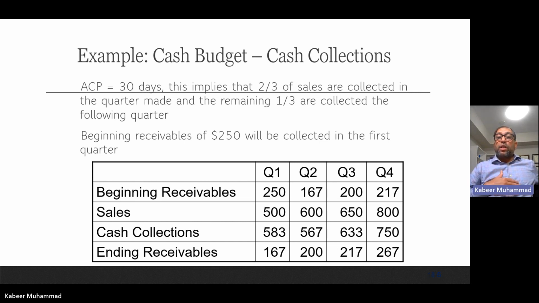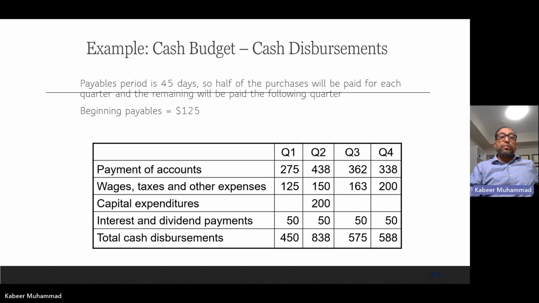So we purchase 300 on credit, and out of which 50% we pay right away. So it means we are paying 150. So we see here that 150 plus 125, which is the beginning one, so we are paying actually 275, plus wages, which is already given information, interest and dividend. So altogether cash disbursement or cash outflow is 450.